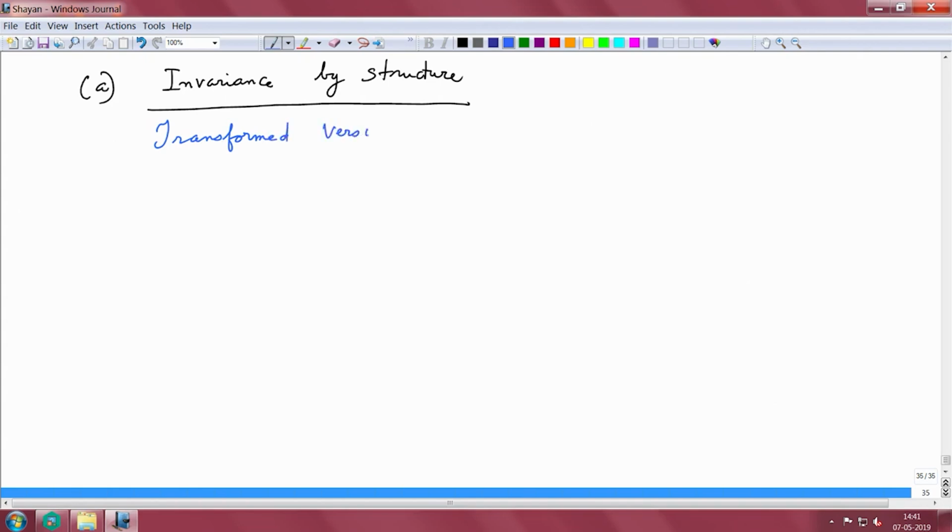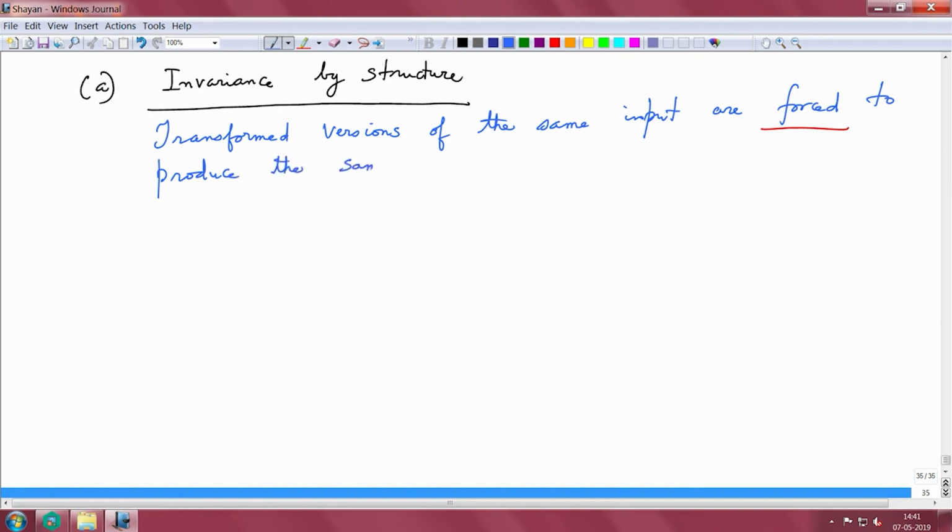Transformed versions of the same input are forced to produce the same output.